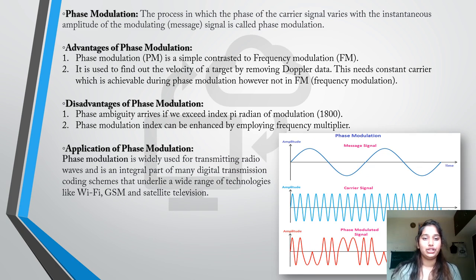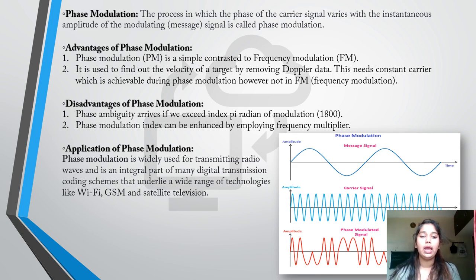What is phase modulation? The process in which the phase of the carrier signal varies with the instantaneous amplitude of the modulating signal is called phase modulation. Advantages of PM: PM is similar to frequency modulation. It is used to find out the velocity of the target by removing Doppler data.